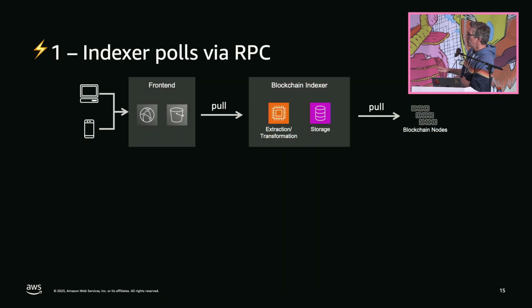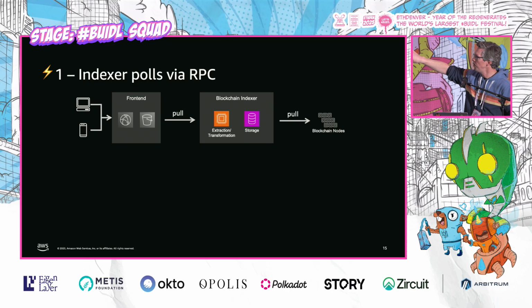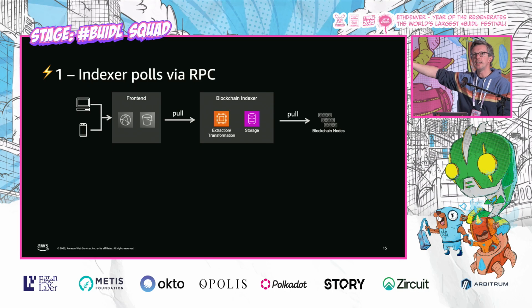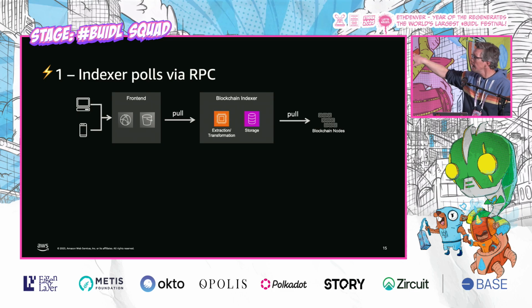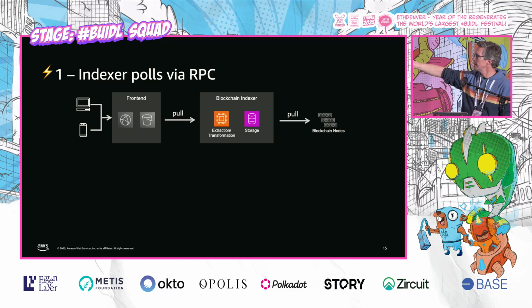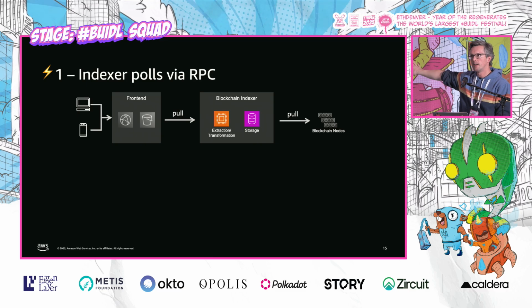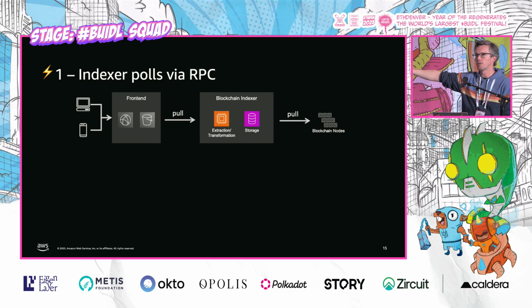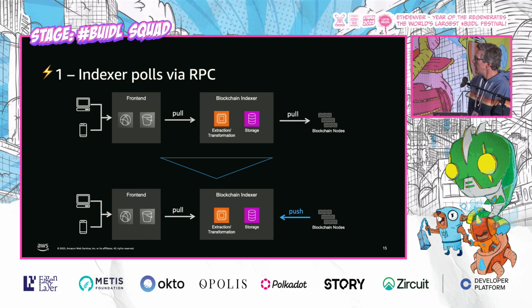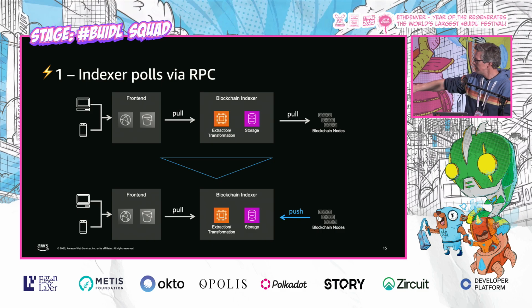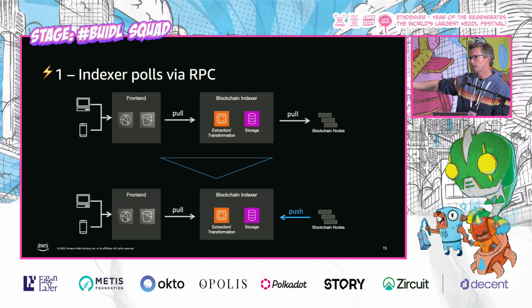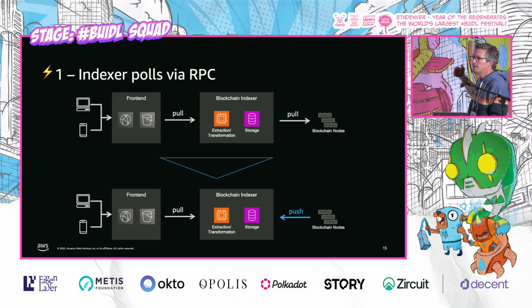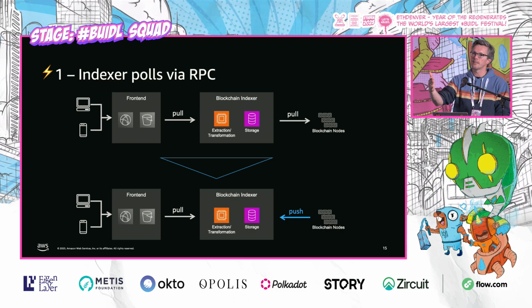Now, going through each one of these, the indexer polls via RPC. What you see here is the existing architecture. The front end polls the indexer, and the blockchain indexer queries the blockchain nodes via RPC. What we'd rather have is instead the blockchain nodes, when they are processing new blocks, transactions, and all that, push the data into our indexer.